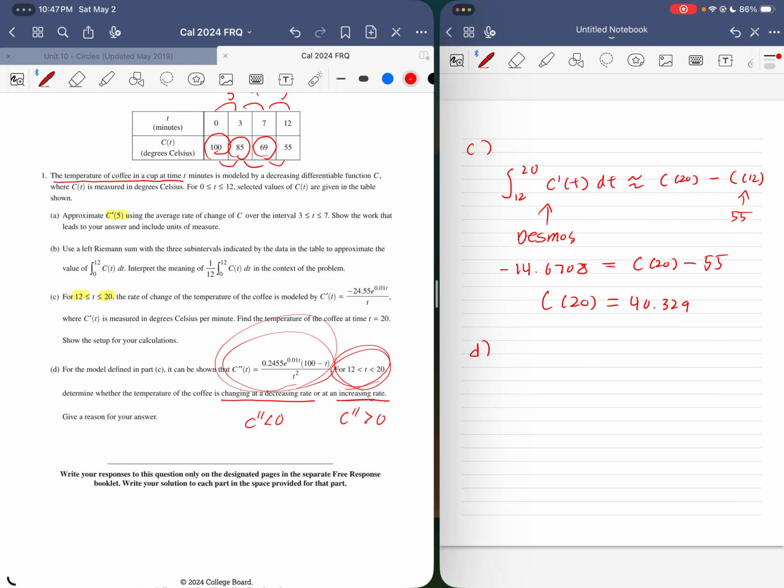So what you can just say is C double prime of t is greater than 0 on, like this. I'm just copying this one down from right here.